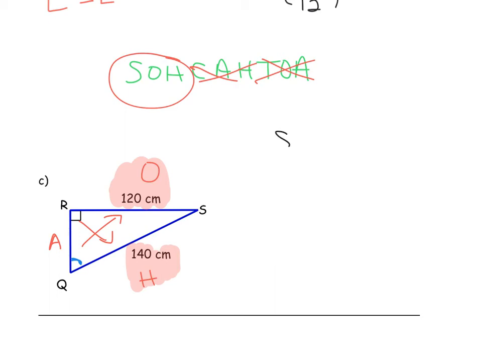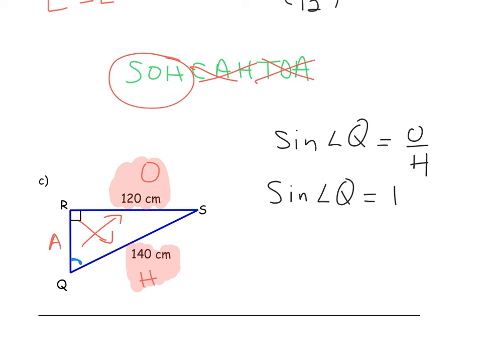So filling things in, I know that the sine of angle Q is equal to the ratio of my opposite side length to my hypotenuse length. So the sine of angle Q is going to be the length, 120 centimeters, divided by my hypotenuse length of 140 centimeters.